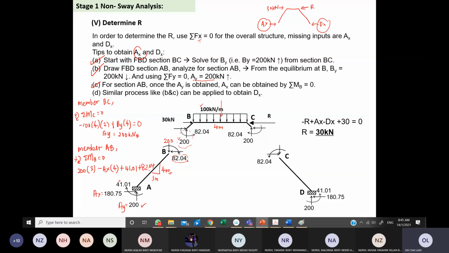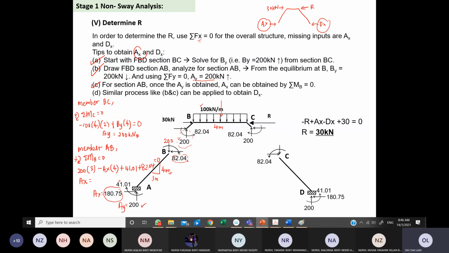Do you have any more contributors? If no, then you equal to 0. Can you get your AX now? 108.05. You get this value, right? Yes. Okay, thank you very much.